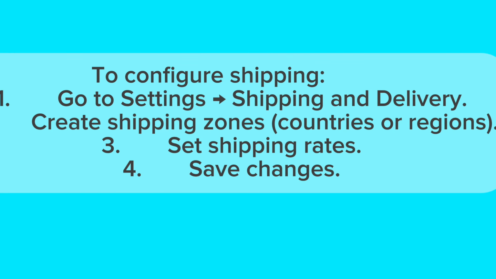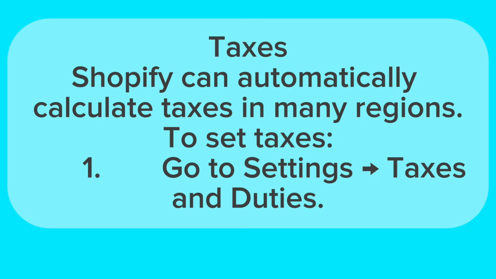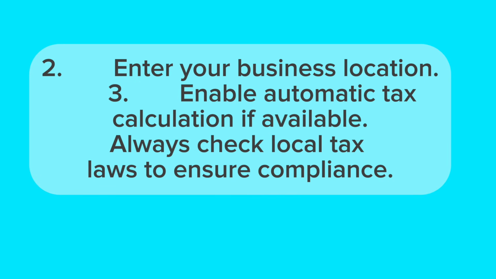Save changes. Taxes. Shopify can automatically calculate taxes in many regions. To set taxes: 1. Go to Settings, then Taxes and Duties. 2. Enter your business location. 3. Enable automatic tax calculation if available. Always check local tax laws to ensure compliance.